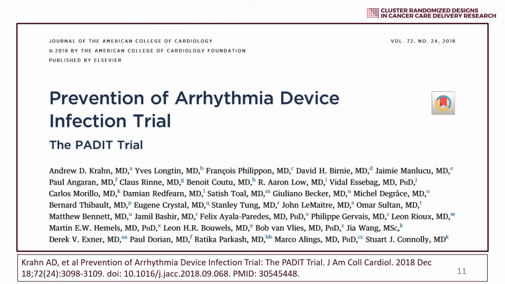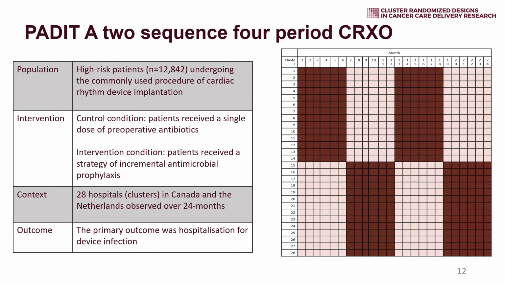So here's an example of a cluster randomized crossover design. It's called the PADIT trial. It's published in 2018. It included high-risk patients who were undergoing a commonly used procedure for cardiac rhythm device implementation. Under the control condition, the patients received a single dose of preoperative antibiotics.